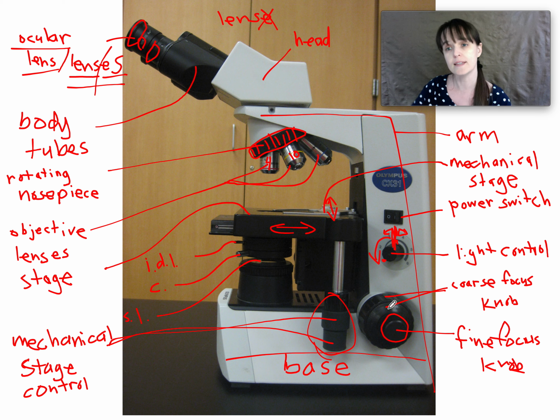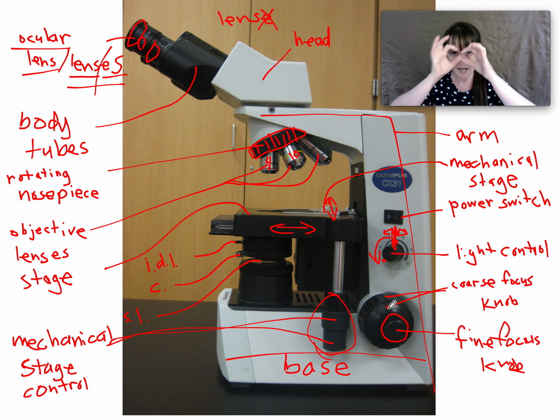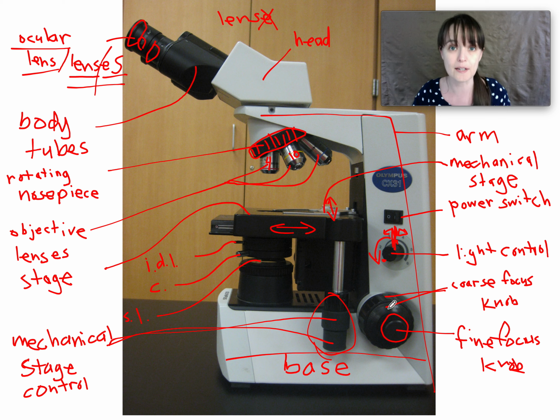And so you rotate this coarse adjustment knob to move the stage up until you can see the color that you're looking for. And then you switch to the fine focus knob, which moves the stage up and down much more slowly.